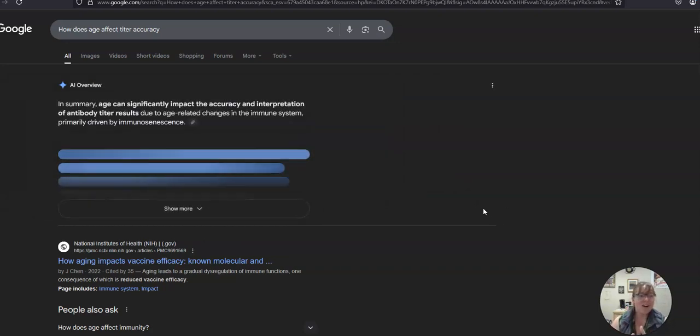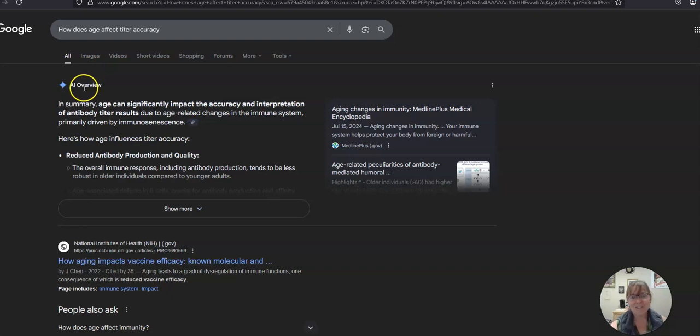Now, anymore, Google has this handy dandy thing that shows up, which is an AI overview. Please be careful of this. Okay, I will have other discussions about AI, but please note that AI goes out and finds the most commonly presented information. That does not necessarily make it accurate information, especially because it's looking on the general internet, not on useful things like Google Scholar or more well verified scientific content.